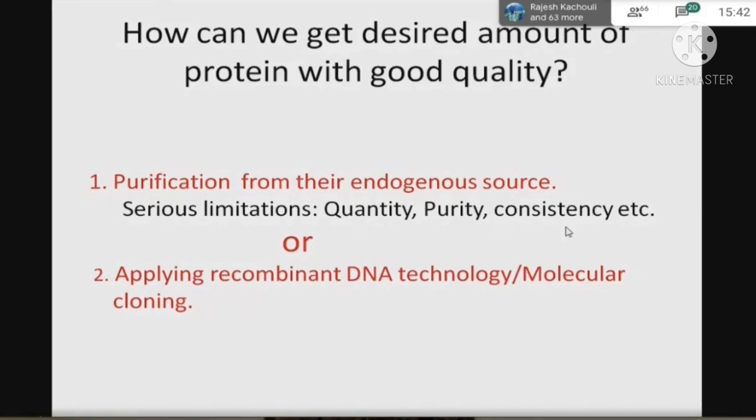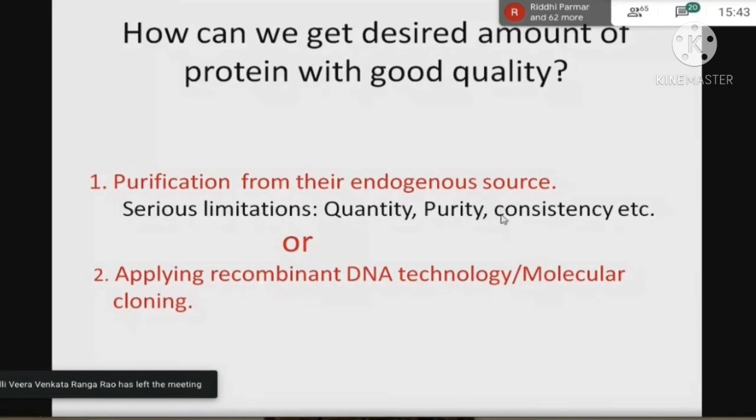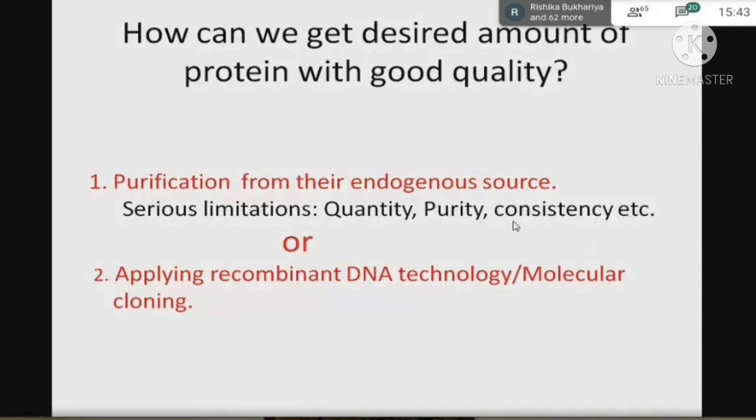And consistency: suppose Indian people have more insulin, American people have less. In different geographical regions, the protocol for isolation of insulin from the endogenous source, the pancreas, is different. So there is no consistency in protocols.